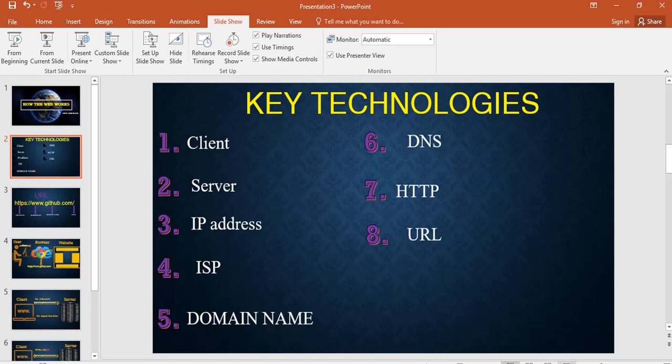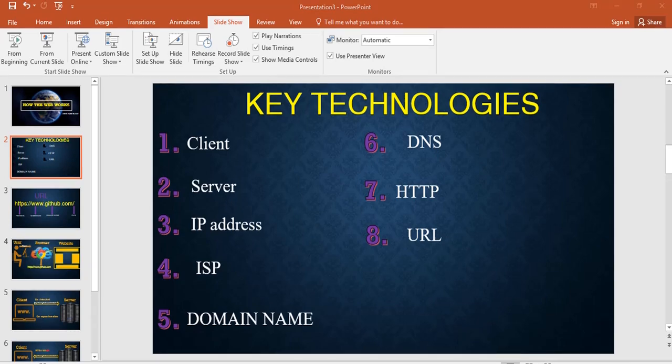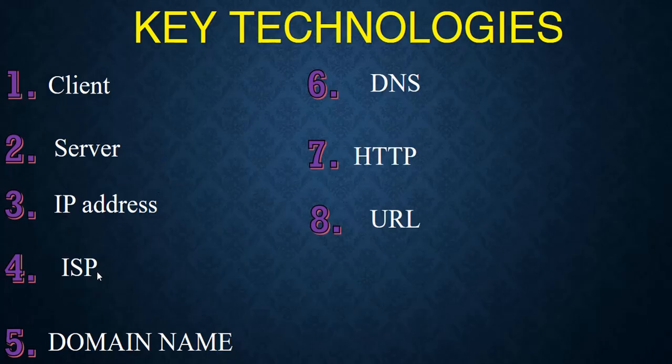Now, let's look at ISP. When we hear ISP, what does ISP mean? ISP, which is our number 4 here, is also an acronym which stands for Internet Service Provider. An ISP is just a company that provides internet access to organizations and home users. What exactly does an ISP do?